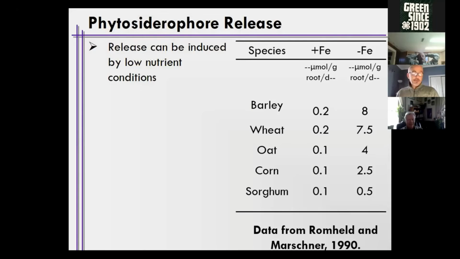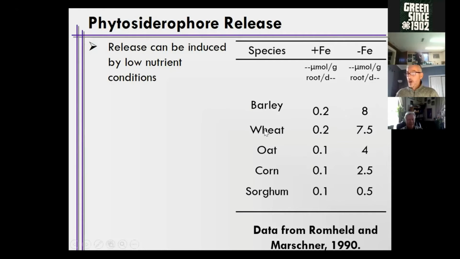There was a study published in 1990, and here are some of these grass species. When in the presence of adequate iron, they create hardly any of these phytosiderophores. When you remove iron and stress the plant, you can see the relative increase in the amount of phytosiderophores that are created.